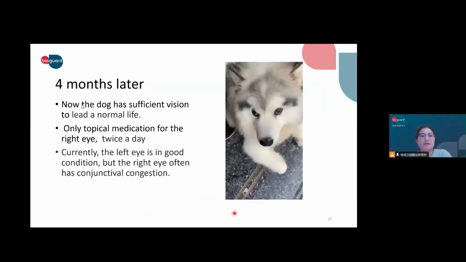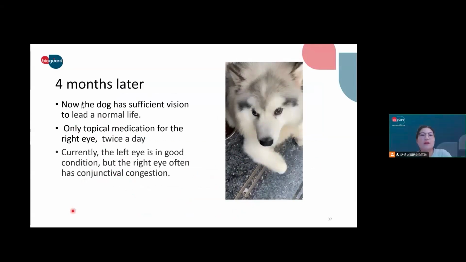Okay, and 4 months later, this dog returned for a recheck. Look at this picture. This picture was taken at the time of his recheck. Here is the dictation of his owner. His owner said, now the dog has sufficient vision to lead a normal life.